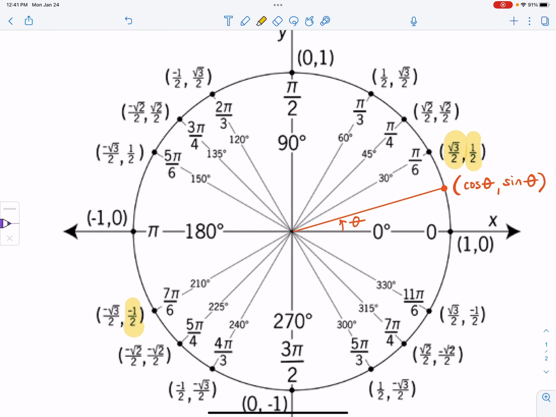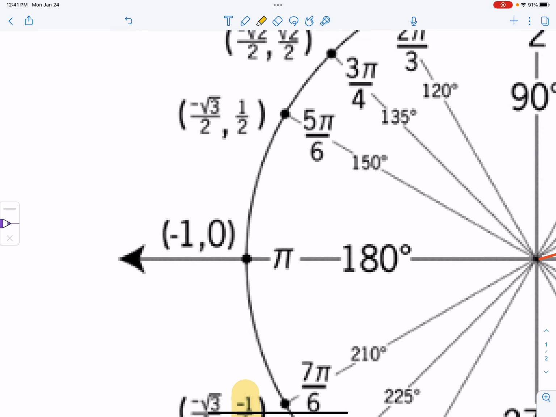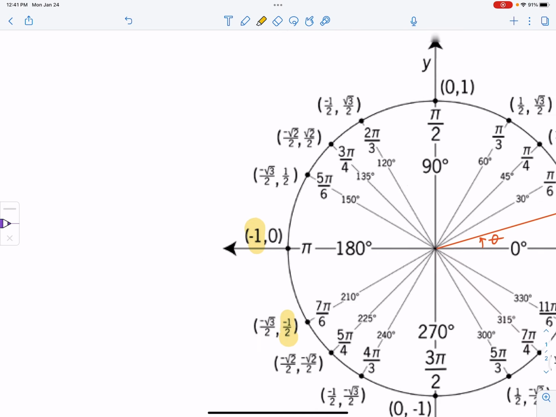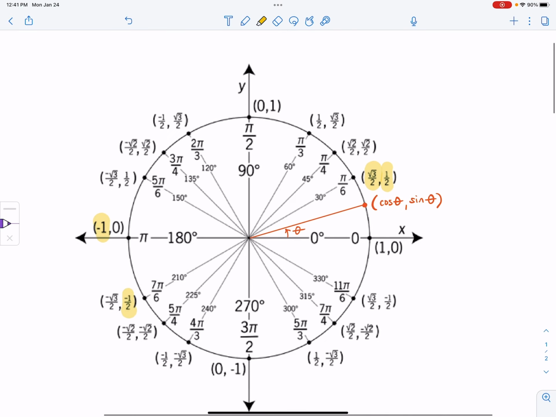So like cosine of pi, you'd go to the angle pi. Cosine is the x-coordinate. So cosine of pi would be equal to negative 1. So you should be able to picture the unit circle in your head, picture the angle, and then the point that corresponds to that angle in order to determine the cosine or the sine.